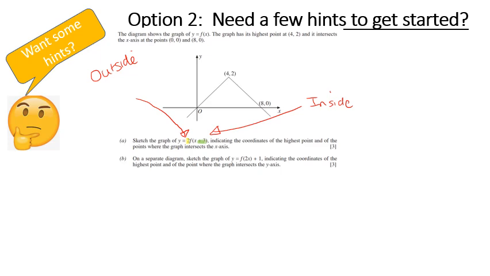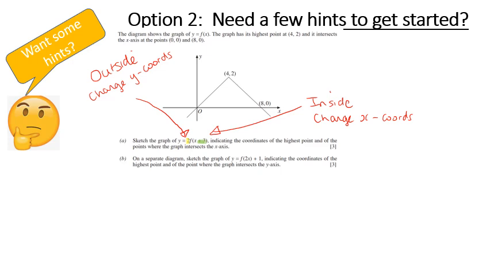If something is introduced outside of the function, it means that it changes the y coordinates. And if a number is introduced inside the function, it means that it changes the x coordinates.